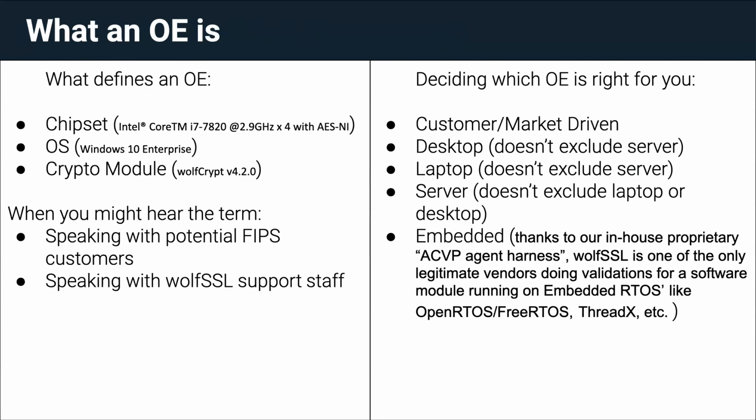I've used the term OE a lot in these few slides leading up to this one, so I did want to clarify what is an OE for anyone who's not familiar with that term. An OE is an operating environment, and it's comprised of three items: the chipset or the CPU that the cryptography is running on, the operating system that is managing how instructions are passed to the chipset, and the cryptographic module itself.